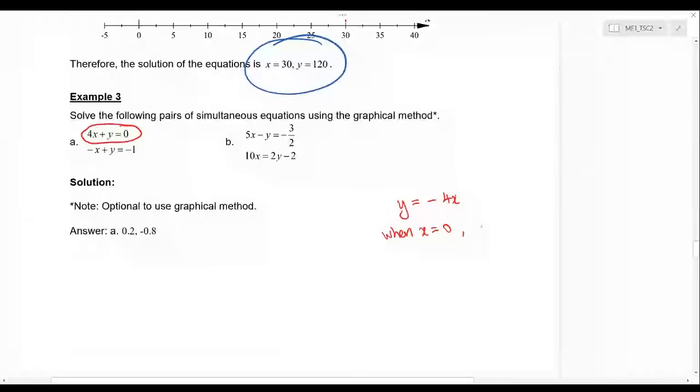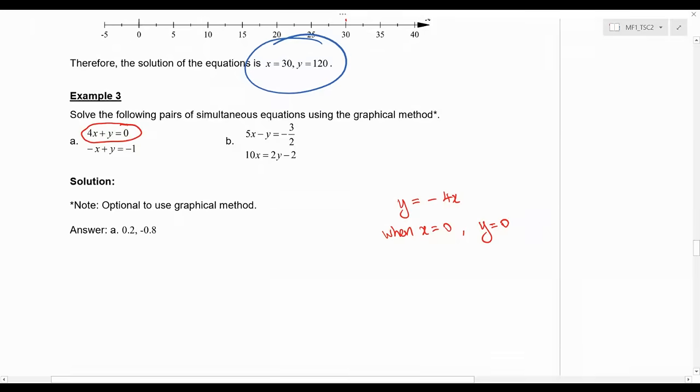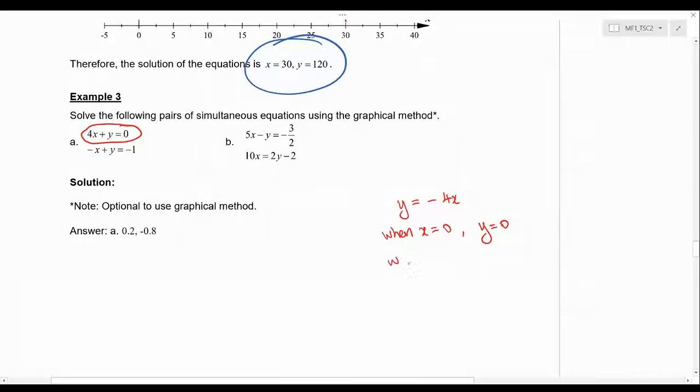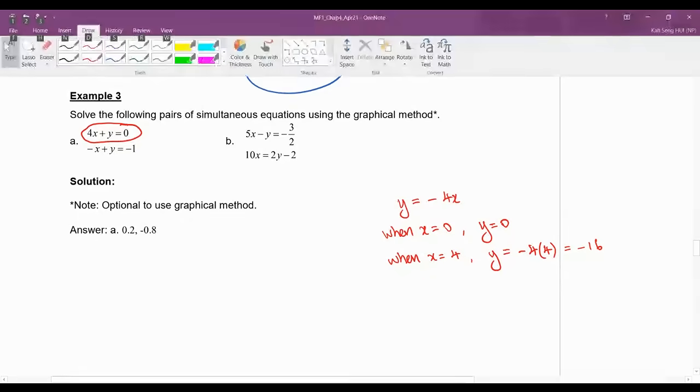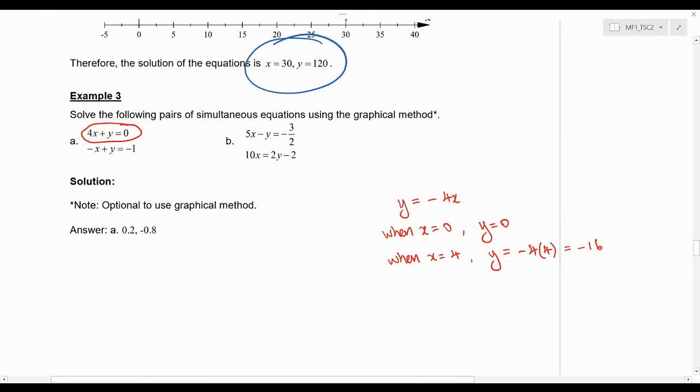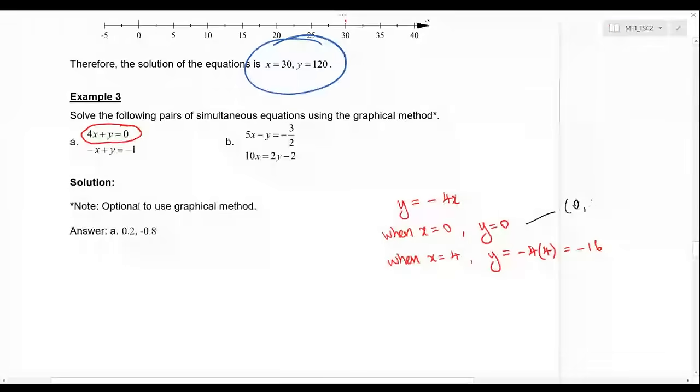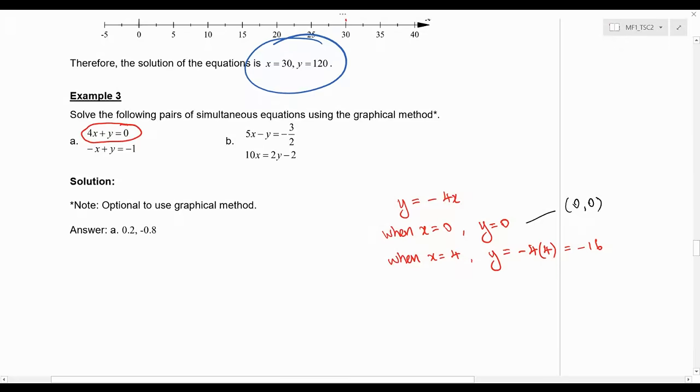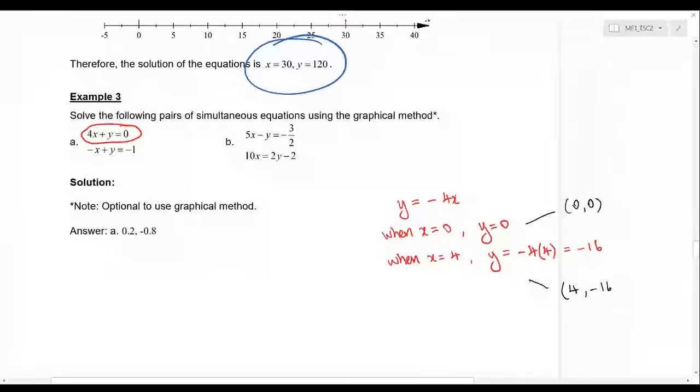When x is 0, y equals 0, which means the line passes through the origin. Then you can put another value, when x equals 4, and substitute it in. My y will be negative 16. So graphically, you plot 2 points: the origin (0, 0) and the other point (4, minus 16).